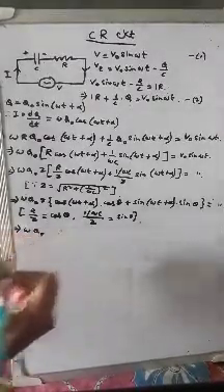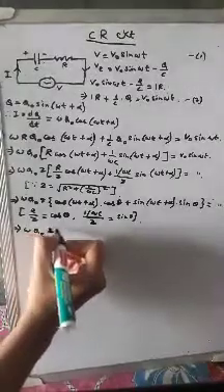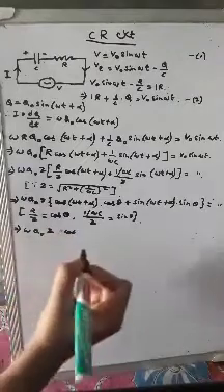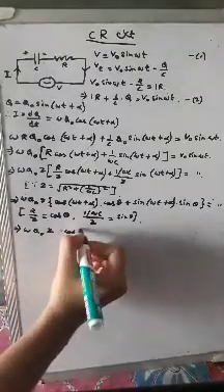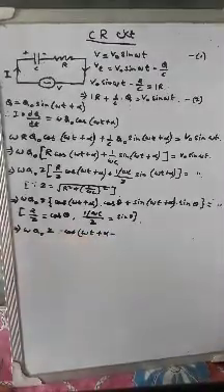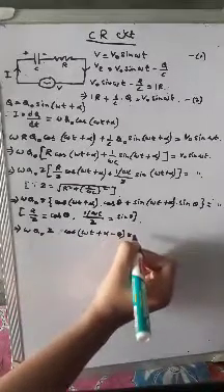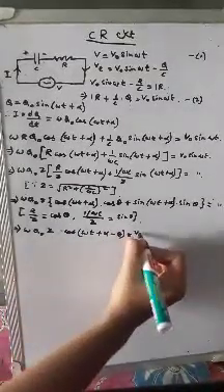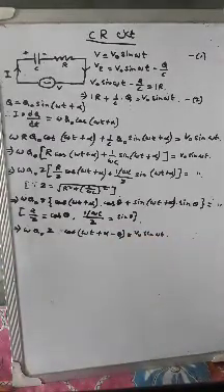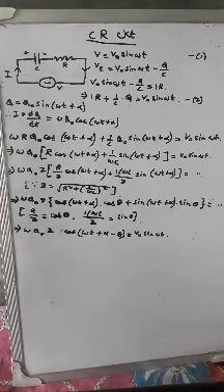Omega q naught Z cos omega t plus alpha minus theta equals V naught sine omega t. Now students, what I have written here, hope you have remembered the formula cos A minus B, whatever term you want to express.